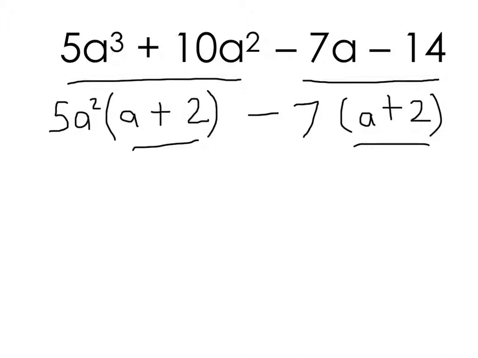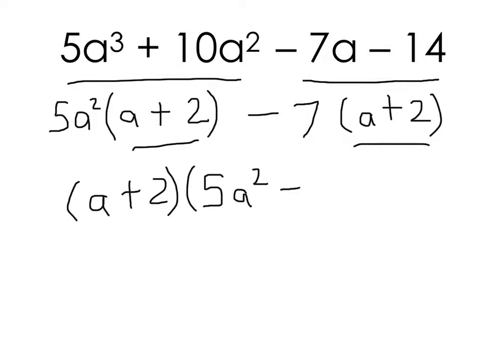Because minus 7 times a will give us minus 7a, and minus 7 times plus 2 will give us minus 14. I have to factor out a minus 7 so that I have a common factor of a plus 2. Factor out the a plus 2, I have left 5a squared minus 7.